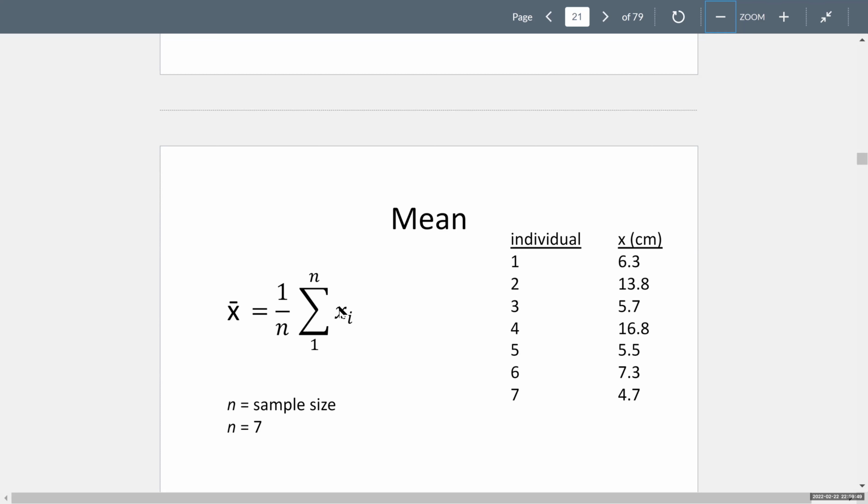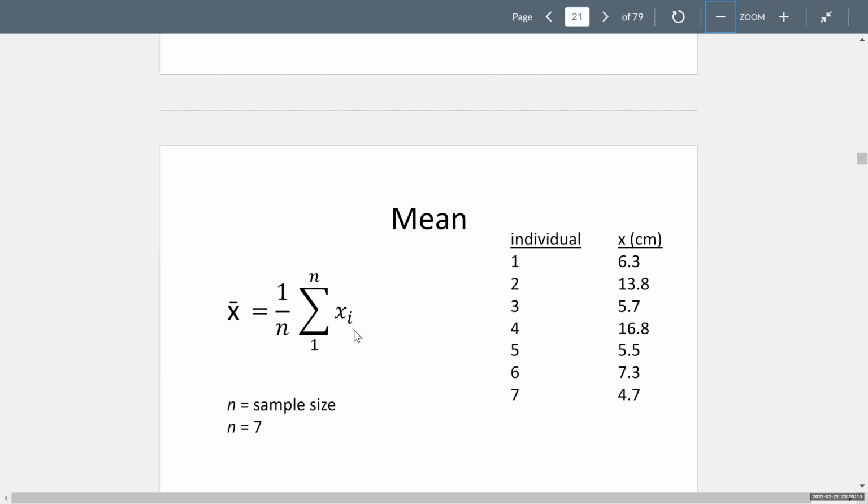The next thing that we're going to do is identify each of these little x sub i's, and we're going to cycle through all of the little i's. What are our little i's? Little i is standing in for all of the different values of 1 through n. So we're going to start with our little x sub 1, because we're summing up.